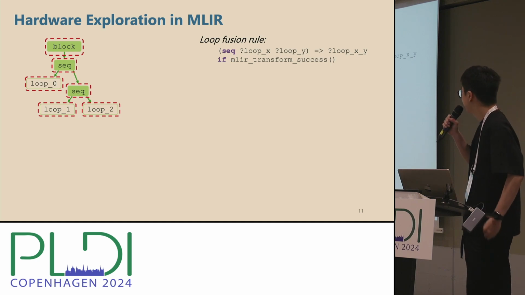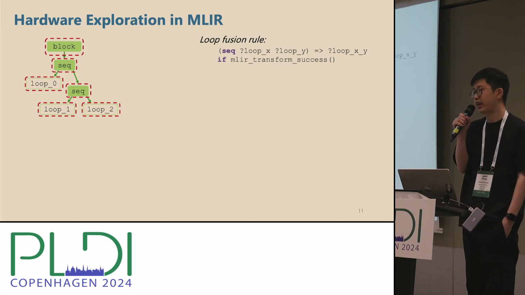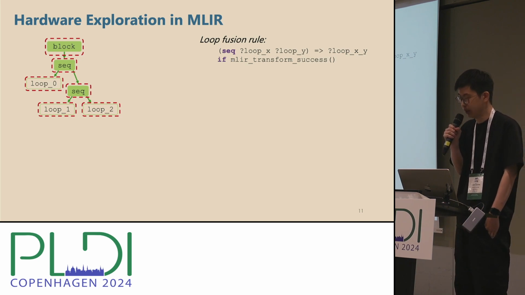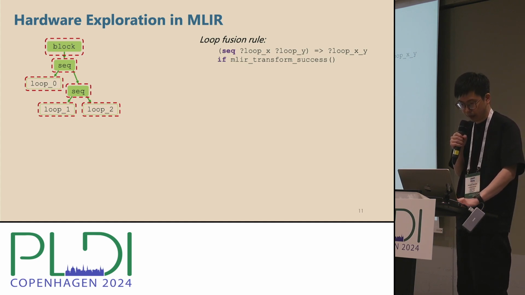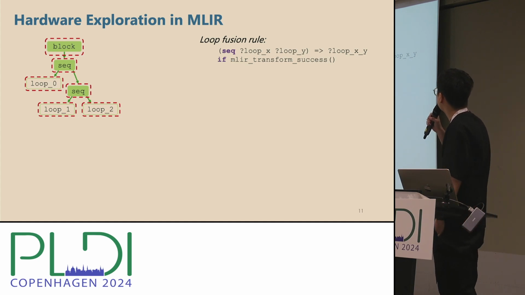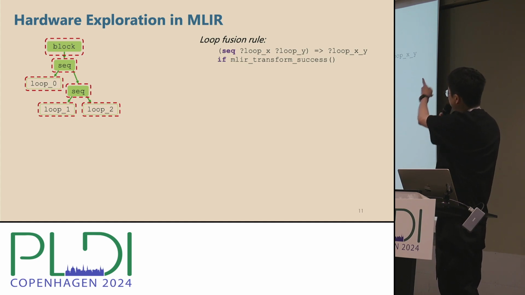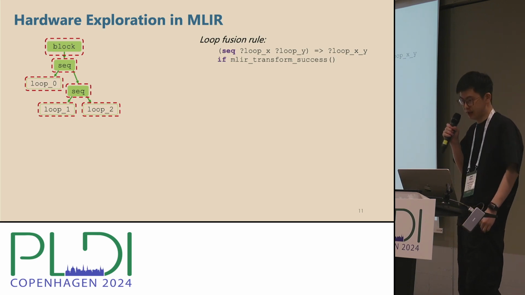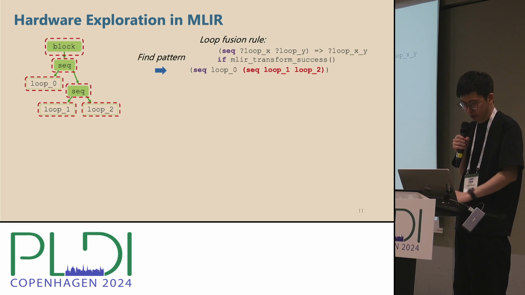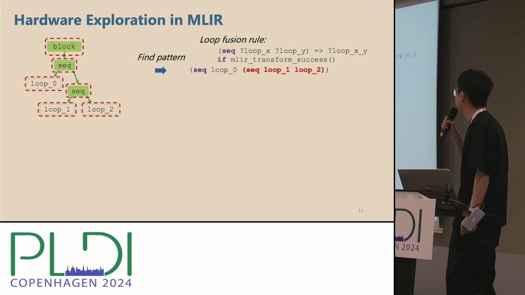Each rewrite rule is implemented as a dynamic rewrite with a condition on whether it's successful or not. For example, in this case, we have a loop fusion matched with two sequential loops, and whether we can fuse them into a single loop depends on the condition of the MLIR pass. So for this example on the left, we grabbed loop 1 and loop 2, which are sequential.